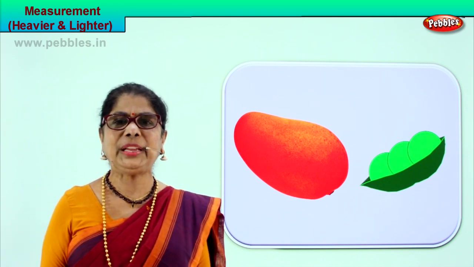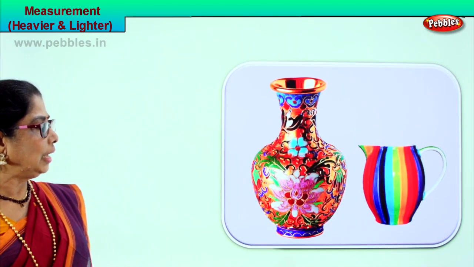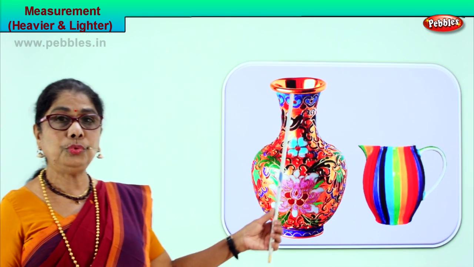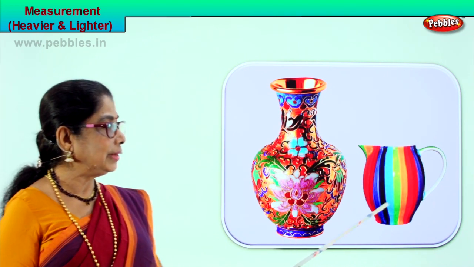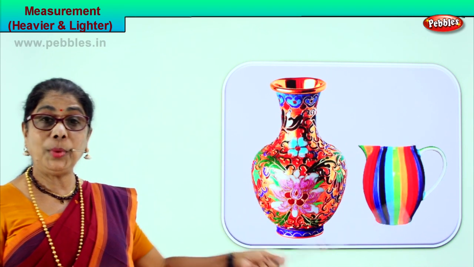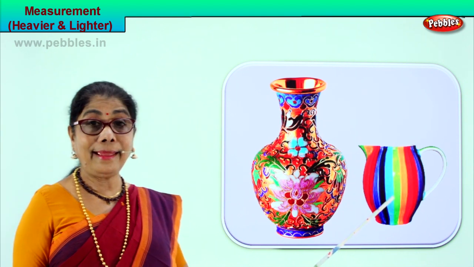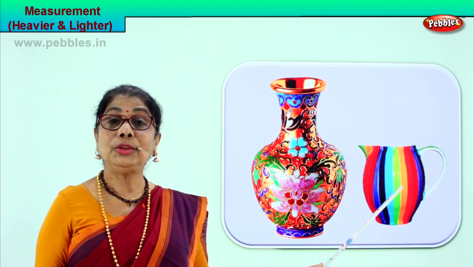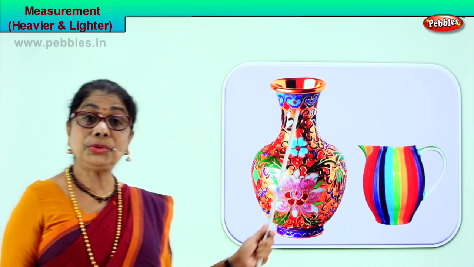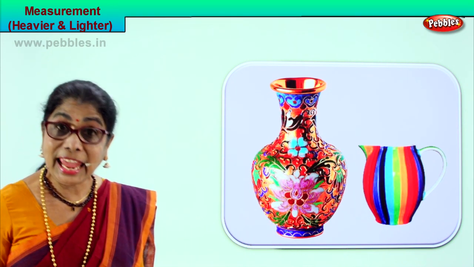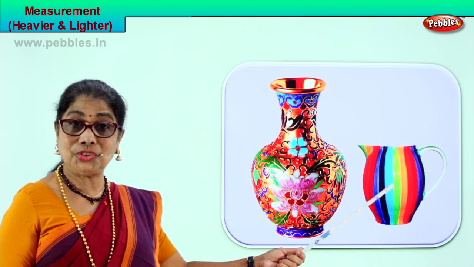Let's go to another picture. See what we have here. Again we have a nice, beautiful, tall, big jar, and we have a tiny little jar. When you weigh these two, the jar and the water jug, the tall jar is heavier than this water jug.